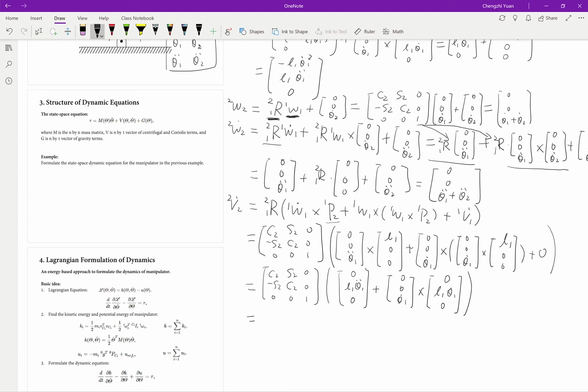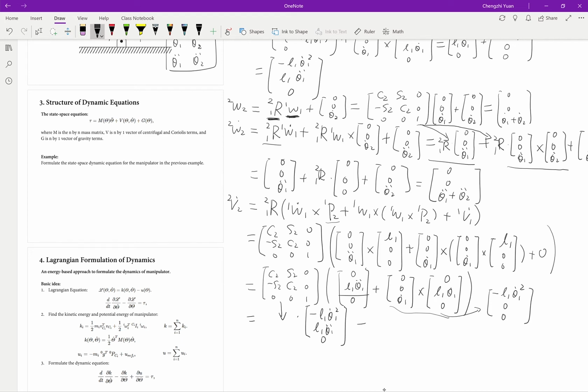Then you can further have this matrix, copied from down to here, and then let's do the cross products for these things first. It will be negative L1 theta 1 dot square, L1 theta 1 double dot, and 0.